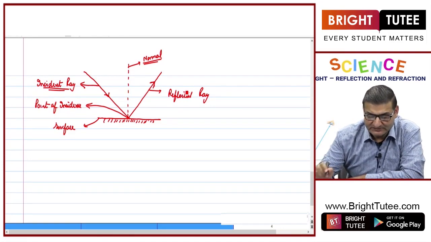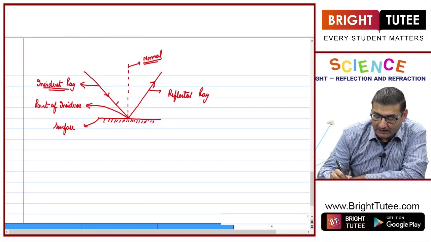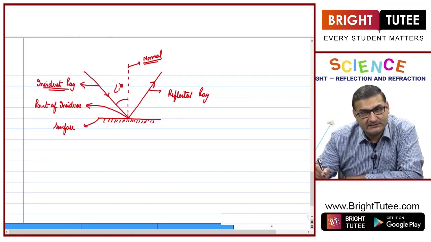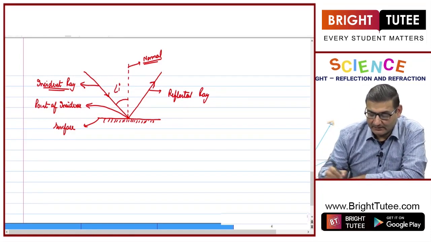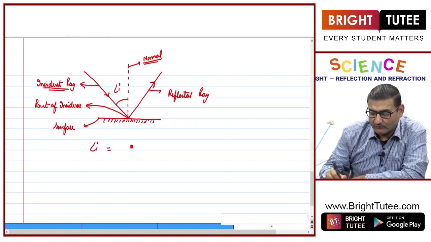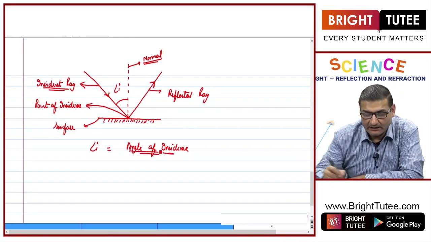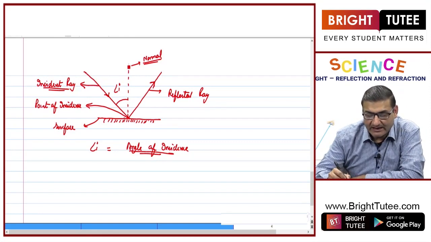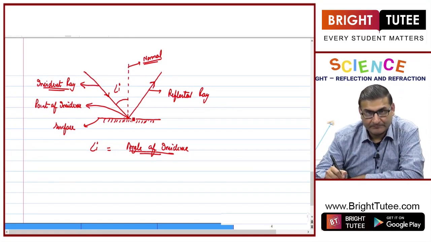Now, the angle formed between the incident ray and the normal, we name it the angle of incidence, angle i. It is the angle between the incident ray and the normal.